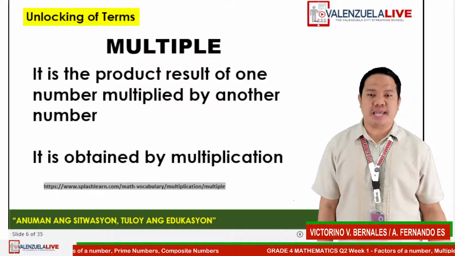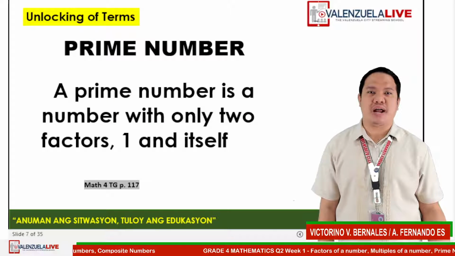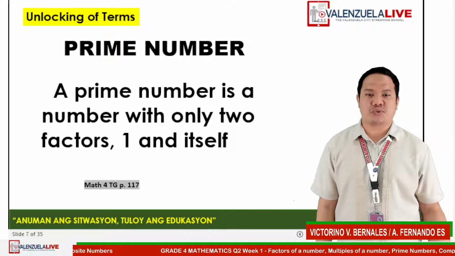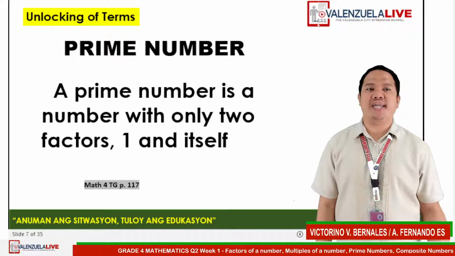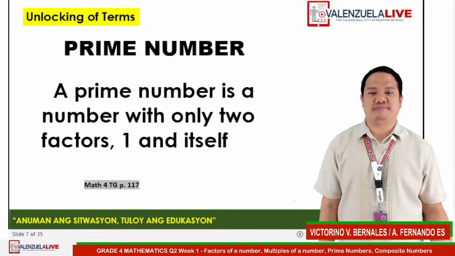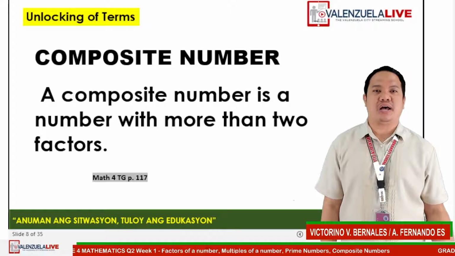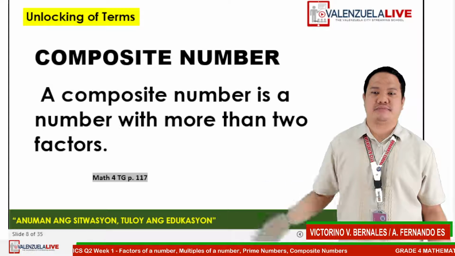It is obtained by the multiplication process. Prime number. A prime number is a number with only two factors: one and the number itself. Composite number. A composite number is a number with more than two factors.